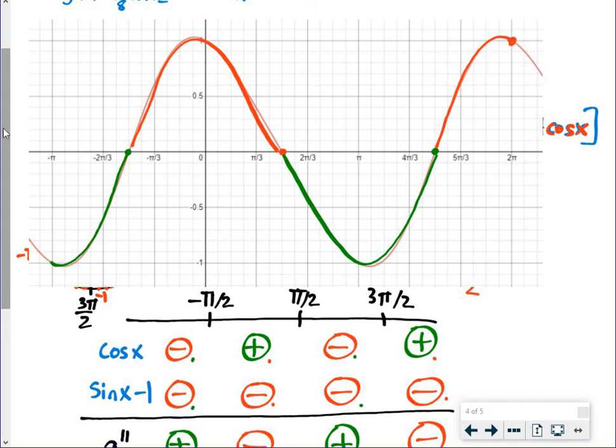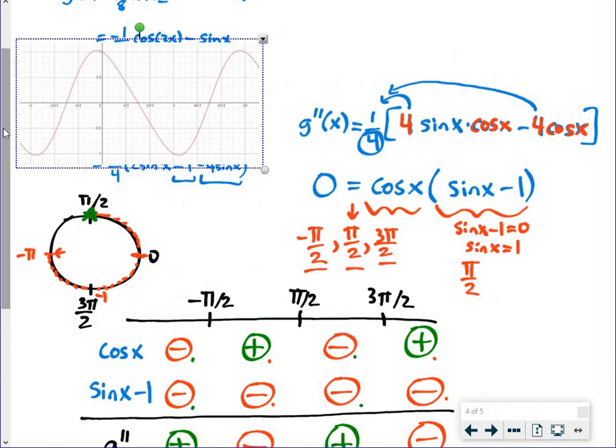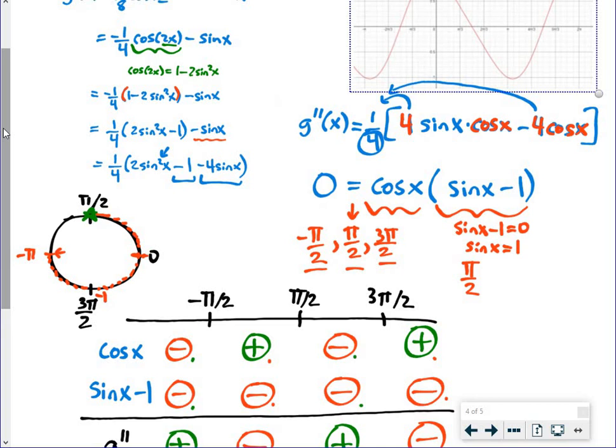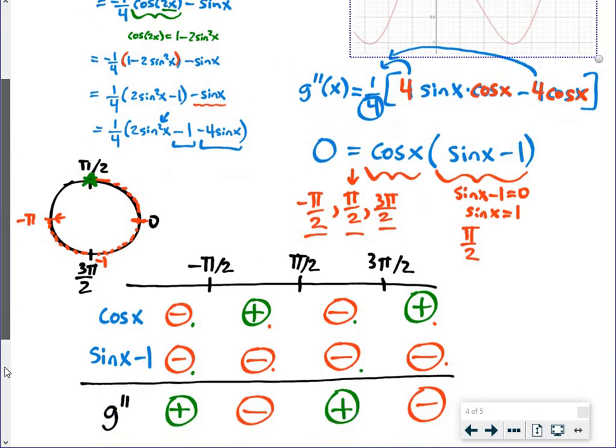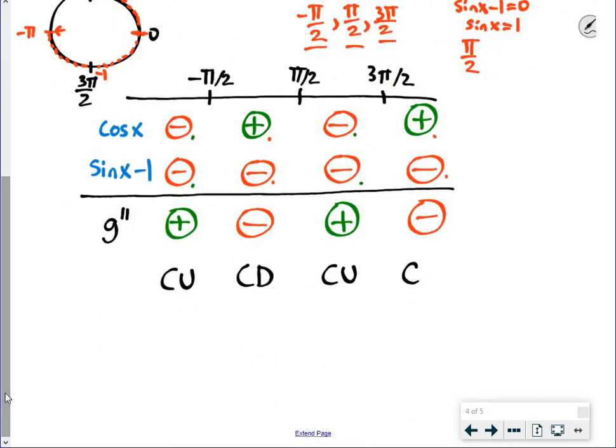So you can see the intervals are good if you look at the graph. Okay. So concave down there. We're just looking at a particular interval, so between negative pi and 2 pi.